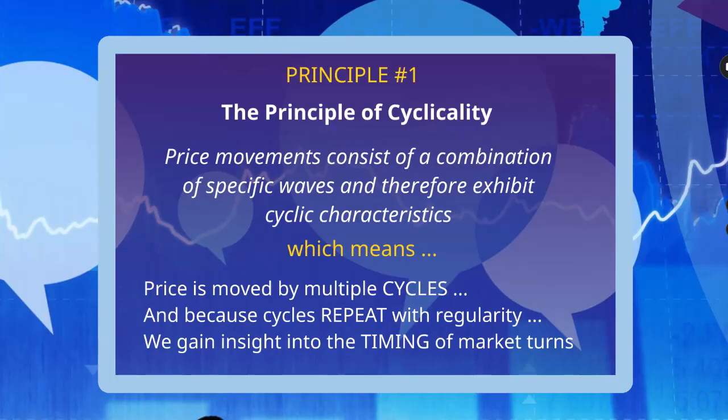He discovered that price movements consist of a combination of specific waves, and they therefore exhibit specific cyclic characteristics. What that means to us is that price is moved by multiple cycles, and because cycles repeat with regularity, that is the definition of a cycle, we can gain insight into the timing of market turns. That is why Hurst cycles are so powerful when it comes to trading financial markets.